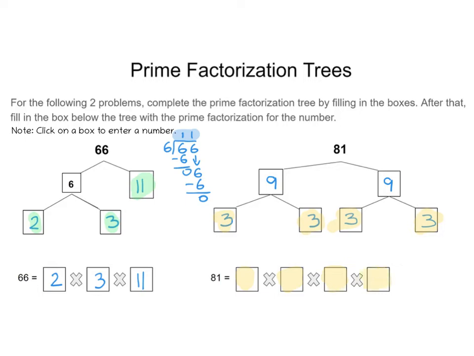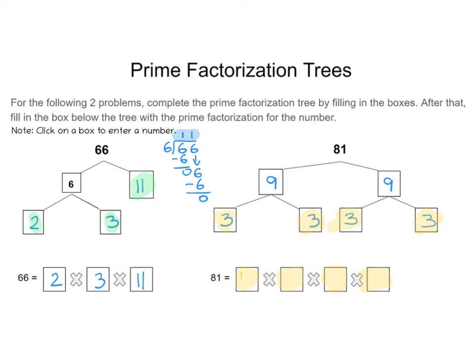Remember, this is prime factorization, and 1 is not a prime number. We do not put 1 into any of these boxes. Neither can we put 9, because 9 is a composite number. You can take 9 apart. So the only numbers that go here are prime numbers, and in this case, I have four 3s as my prime numbers.